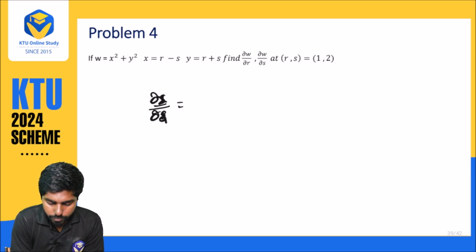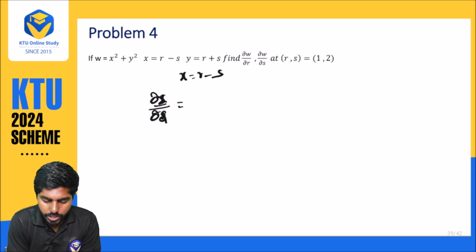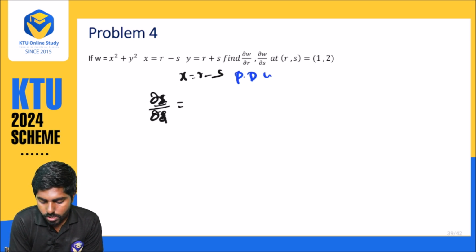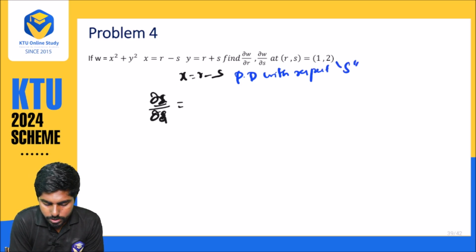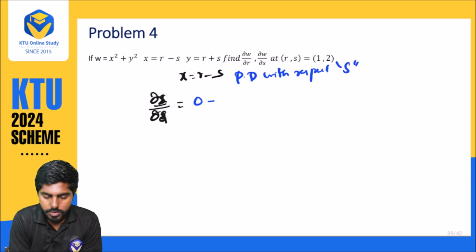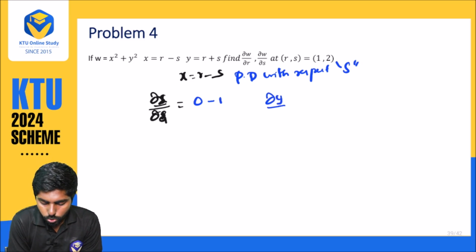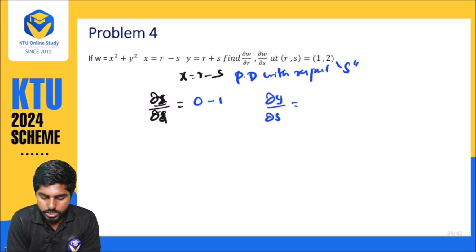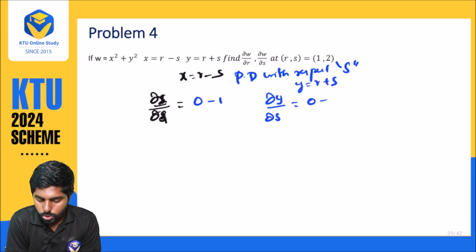What we will be getting? x is equal to r minus x. So taking the partial derivative with respect to x, we will be getting 0 minus, when you are differentiating x it will become 1, and similarly ∂y/∂x, that is when you are differentiating y is equal to r plus x, it will become 0 plus 1.